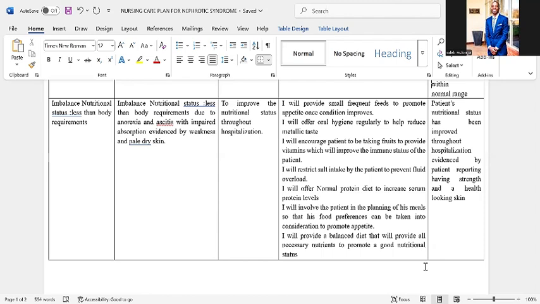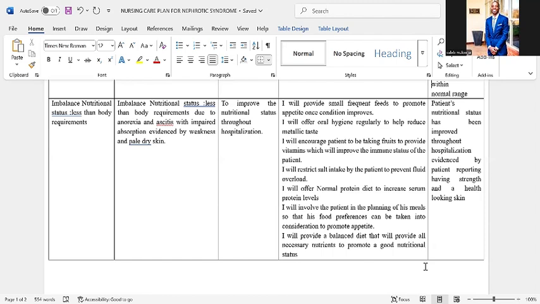Number three, I will restrict salt intake by the patient to prevent fluid overload. The diet we are giving in this patient is a sodium restricted diet, or low sodium diet. Number four, I will offer normal protein diet to improve serum protein levels and therefore promote nutrition.